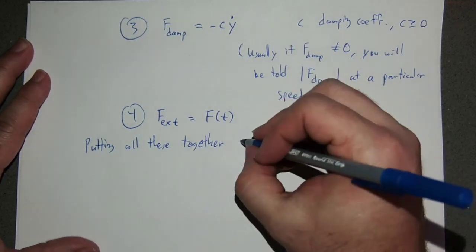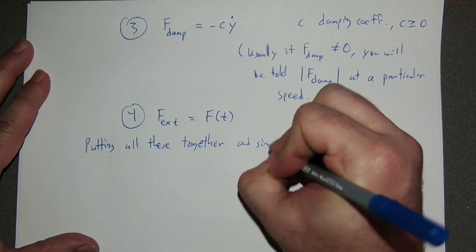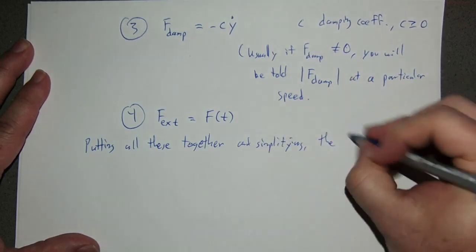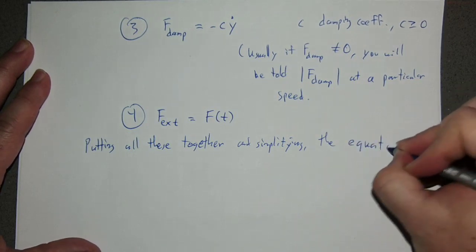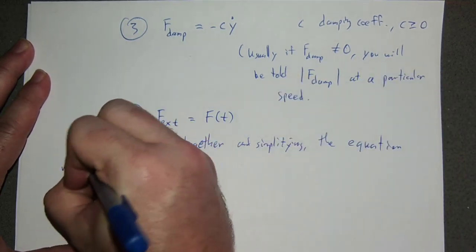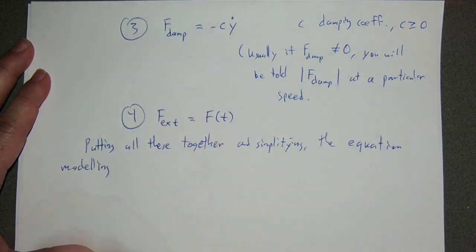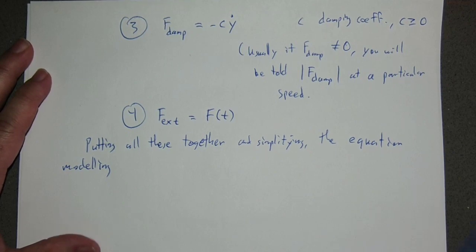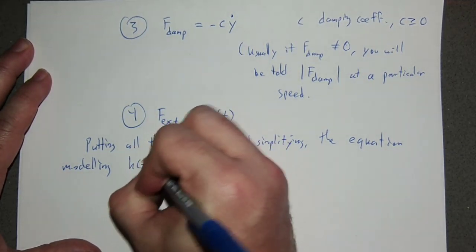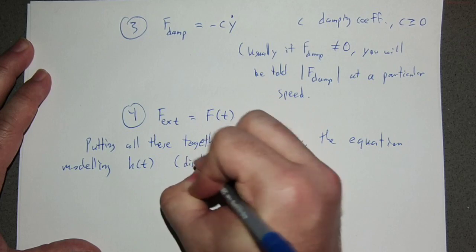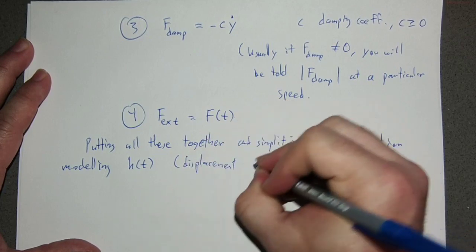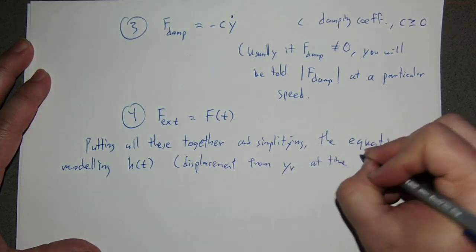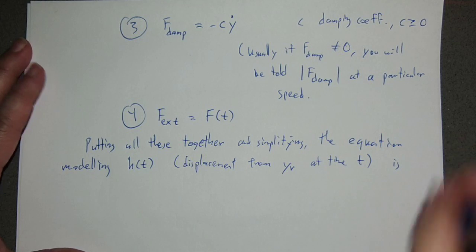Putting all these together and simplifying, the equation modeling the amount of displacement from the resting position at a time t, h of t, which is displacement from y sub r at time t, is the following.